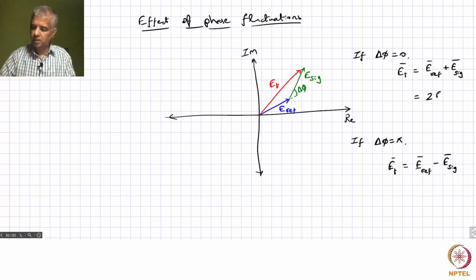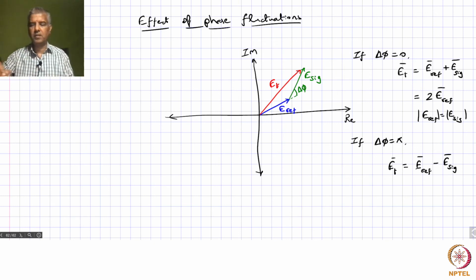Here it becomes 2 times E ref if the magnitude of E ref equals the magnitude of E sig, if those two phasors are of the same length.